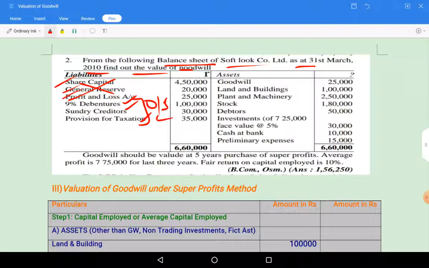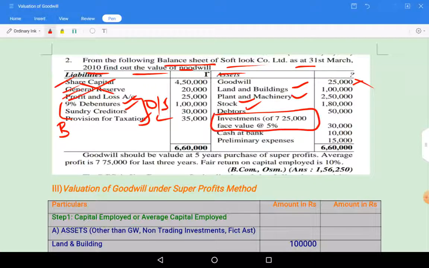Outside liabilities we will consider; these are part of step 1. And from assets, goodwill should not be taken. Land and building we should take, plant and machinery we should take, stock we should take, debtors we should take.